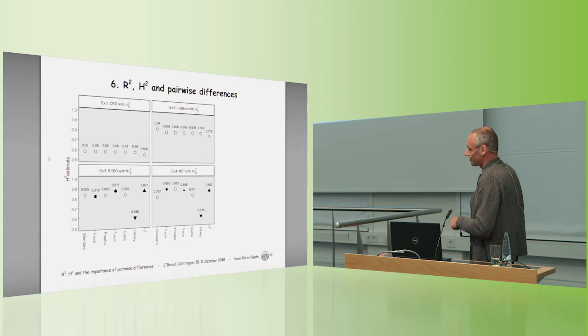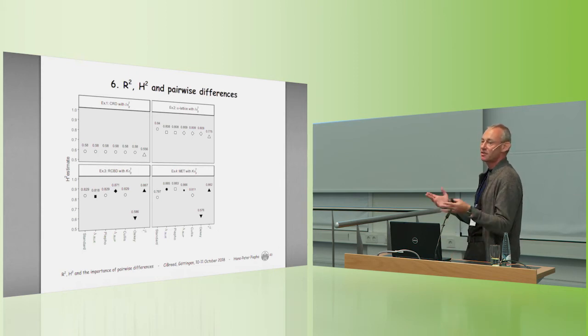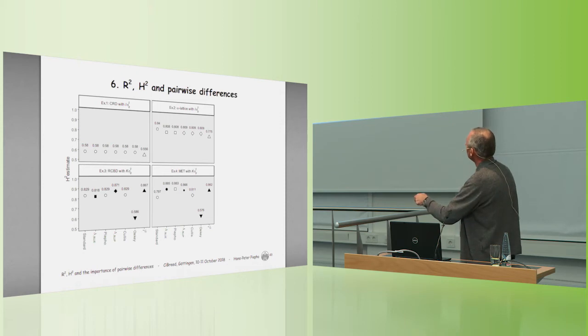Here on this final slide, I have analyses for these 4 examples and a couple of methods here. Very briefly, with a completely randomized design with independent genotypes, it's a very simple setting. All methods produce the same result, except a method that I denoted as R squared.